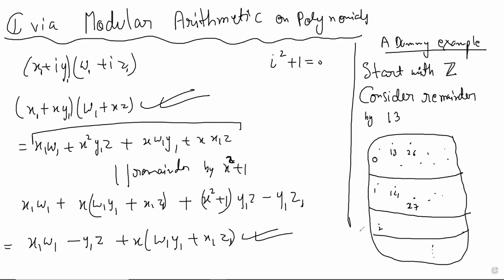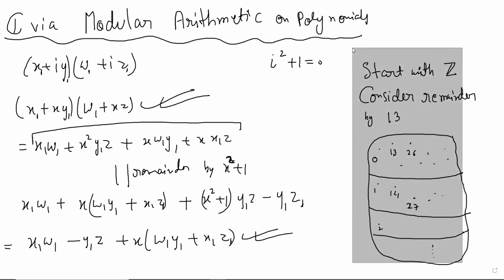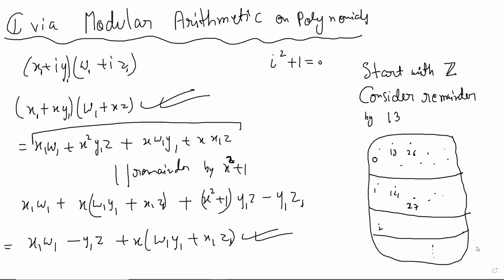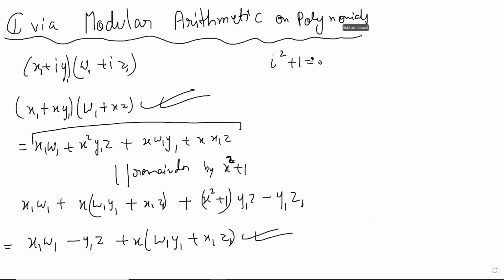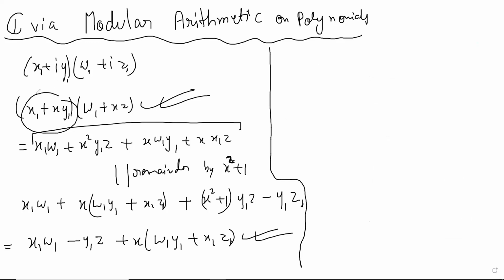We can say this thing, and we should say it more rigorously, because we just started with a set of all linear polynomials and just multiplied them. But you can start with any polynomial and do the same thing. That is the point.